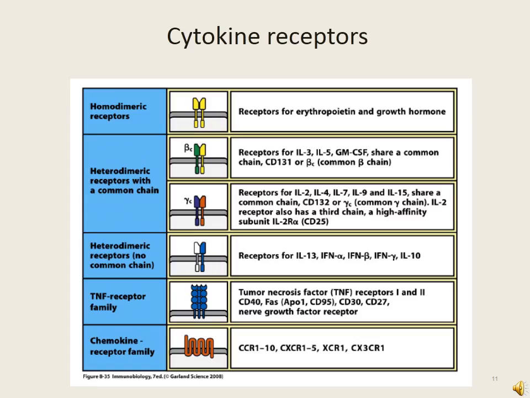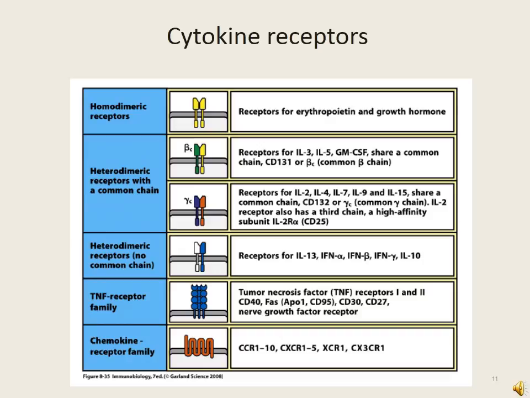This slide shows the structure of the cytokine receptors. As we know, a cytokine receptor should be able to activate the intracellular signaling pathway. Okay, so the structure of the cytokine receptor should be composed of more than one transmembrane molecule.